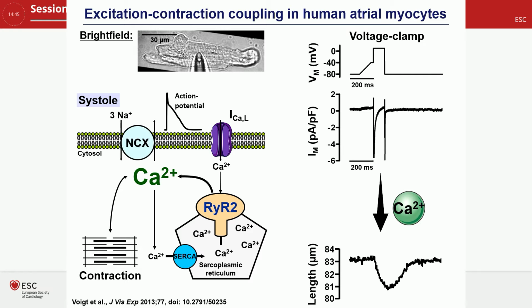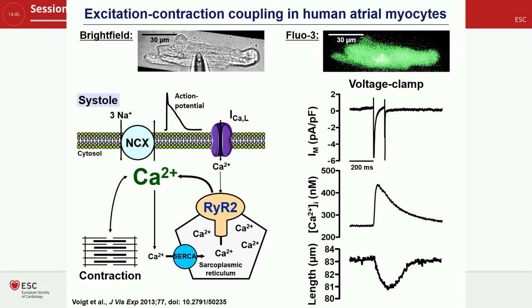During diastole, the calcium is pumped back into the SR via SERCA or the sodium-calcium exchanger, and so we get back to normal calcium levels. In order to image this experimentally, we loaded the myocyte with a calcium fluorescent dye, fluo-3, and you can see that the green lighting up of the cell reflects the systolic calcium transient, and the decay is the calcium removal from the cytosol.